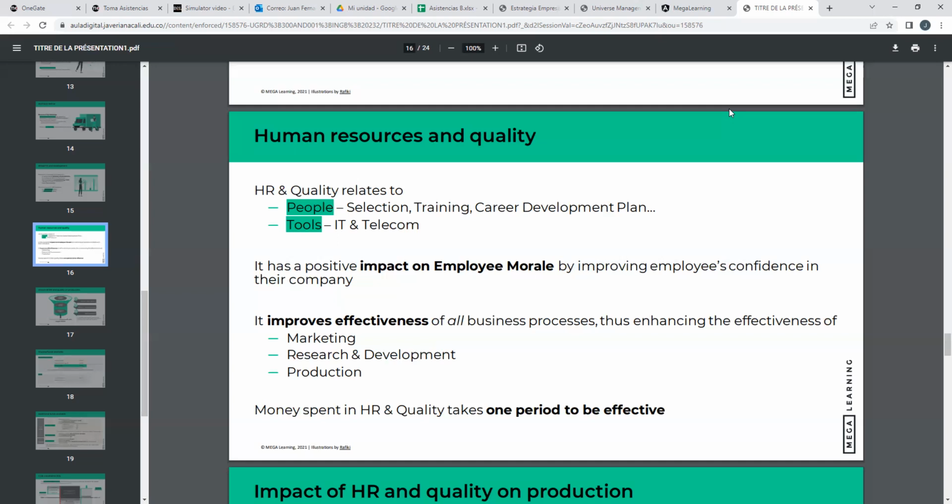This is going to have an impact as well on all the business processes, like marketing, research and development, and production. Money spent in human resources and quality takes one period to be effective. So it's not going to have an immediate effect; you need to invest today to get the results in the next round. Okay, so it seems that it is important to invest in human resources.